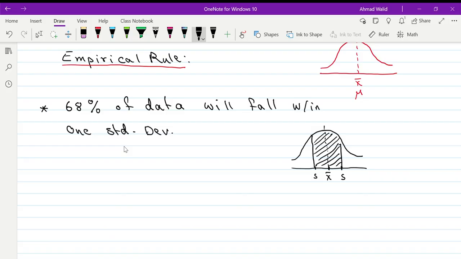But they calculated, they put as a rule here for you, 68% of your data will be in this region, one standard deviation away from the mean, correct? When your data falls within one standard deviation away from the mean, 68% of your data will be in that region, correct?